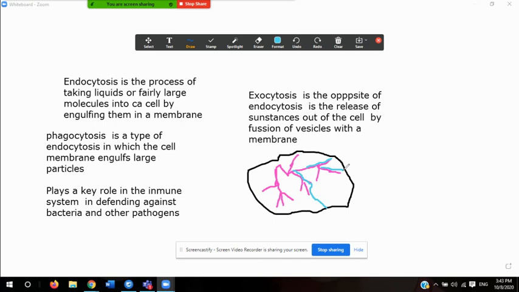Then we have endocytosis, the process by which molecules enter the membrane using energy. We have phagocytosis, which plays an important role in our immune system. And finally, exocytosis, which is when substances or molecules leave the cell. An example of that is the transmission of nervous impulses.